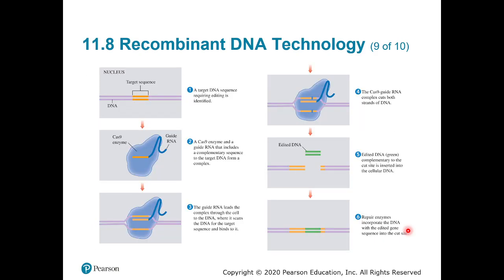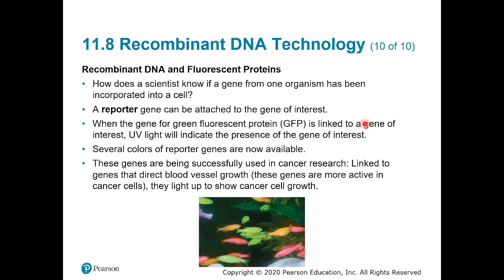This right here is your CRISPR technique, and nice pictures here. If you want to go back through and look at the pictures while you're hearing the explanations, please do. I'm running out of time, so I'm going to have to just finish this one up. So this is fluorescent proteins.